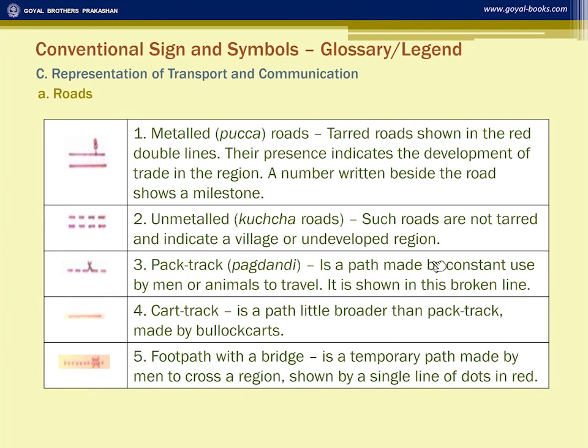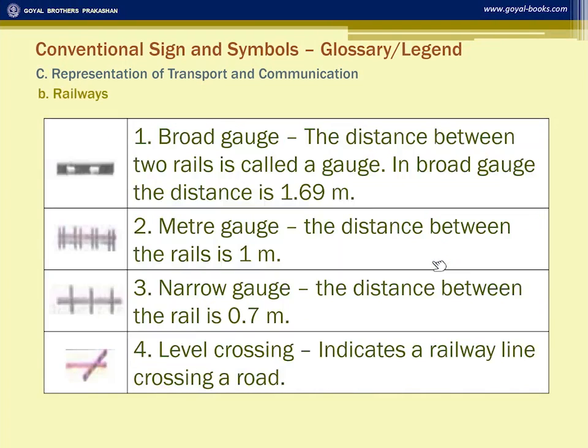What is the significance of these transport and communication? You see, at times you get a question on what means of communication does the area shown in the map use. So you have to name them, that what type of communication you can see on the map.